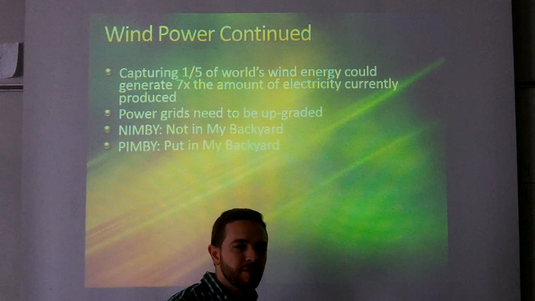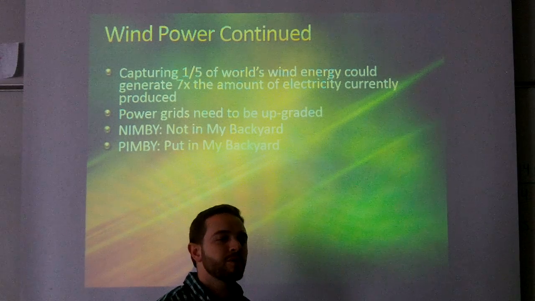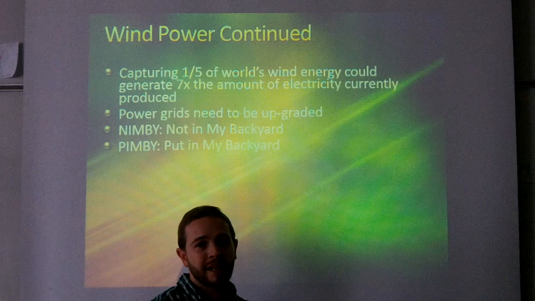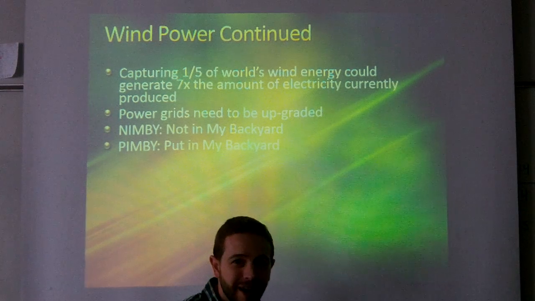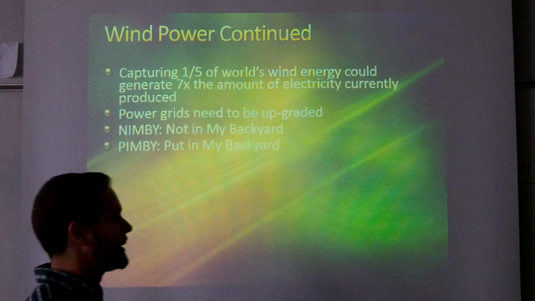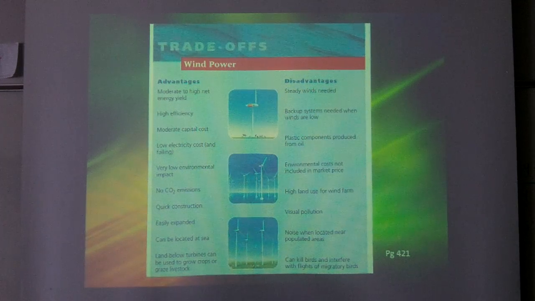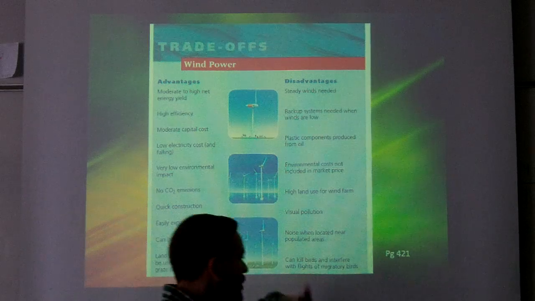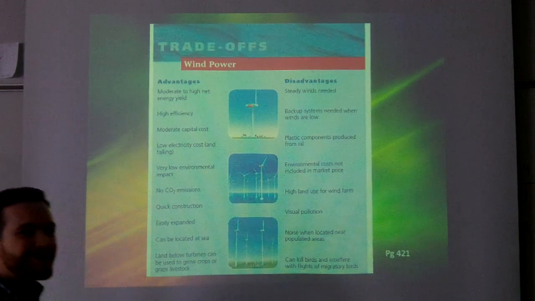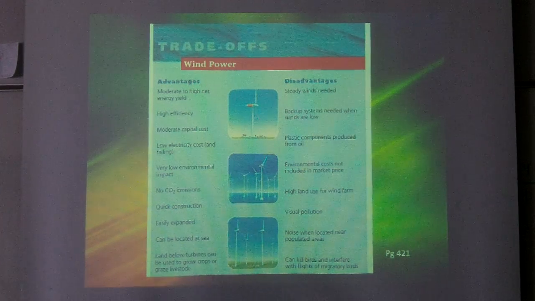That's great. That's extra revenue for me, and I'm helping to produce a green form of energy. So they say, put it in my backyard, please. Yeah, right? Okay. Advantages, disadvantages, pause it, take a look. You can find it on page 421 if you want a closer look at it. Beautiful.